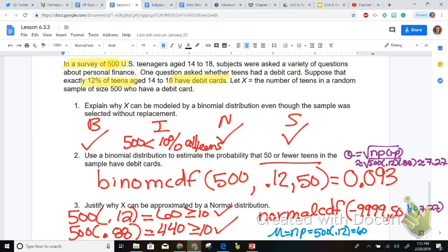So if we do our normal CDF, that works out to be about 8%. So it's not exactly the 9% that we got with the binomial, but it is an approximation, and 1% isn't a ton to be off by.